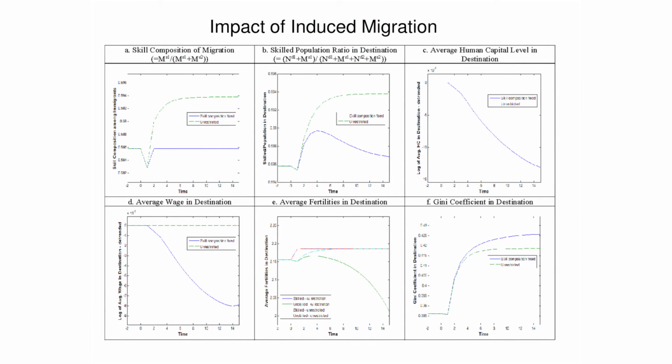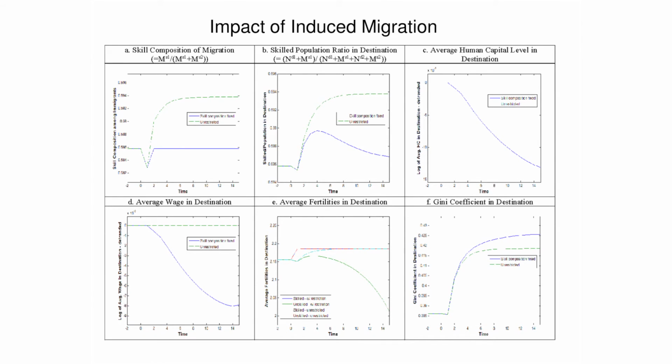So, what we see here is interesting, that the net effect of immigration is to, obviously, not surprisingly, increase the skill composition of migration, and also the skill population ratio in destination from what they are. The higher charts, as you can see here, are always the unrestricted.